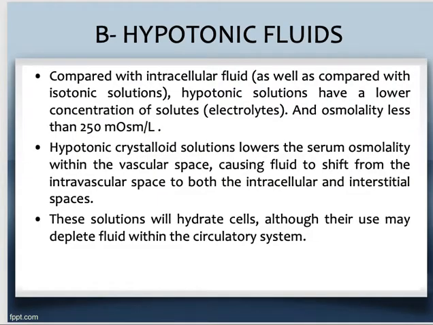Okay, hypotonic fluids. Hypotonic fluids should have a tonicity less than that of the blood plasma, and of course there are different usages of hypotonic fluids. As we know the osmolality of the blood plasma, I told you how to calculate that in the previous lecture.